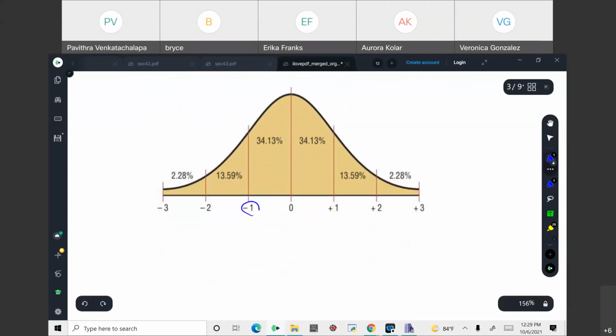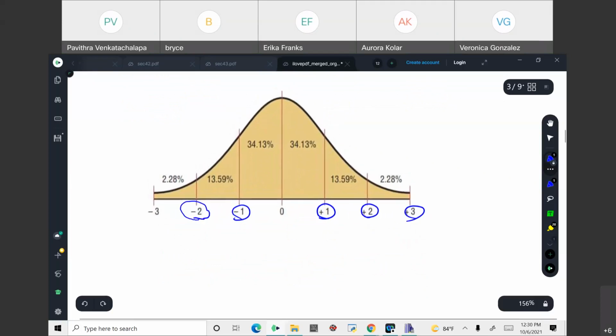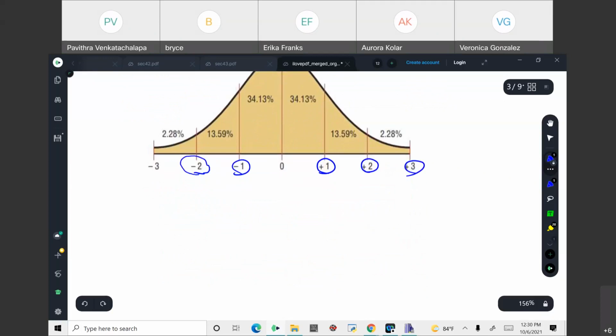Here you can see it is just numbers. In a proper normal distribution, you will have something like this, right? Or mu plus sigma, mu plus 2 sigma, likewise. In case of standard normal distribution, you will not have those terms or that formula.